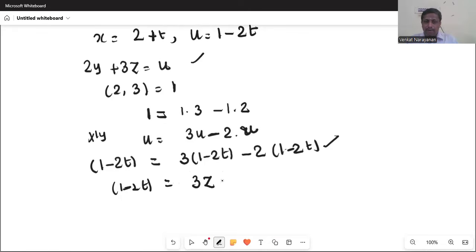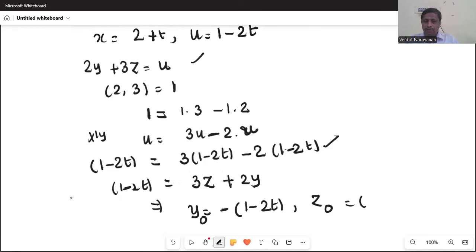So 3z plus 2y. In the same manner, we can write, from that, we can understand the initial solution y naught equal to minus of (1 minus 2t) and z naught equal to 1 minus 2t.